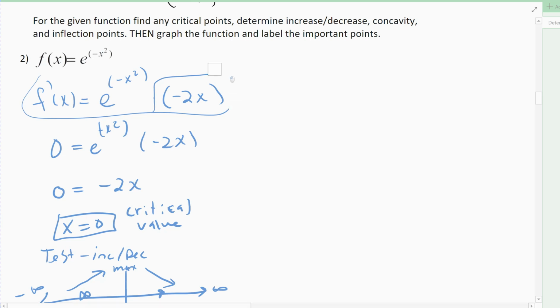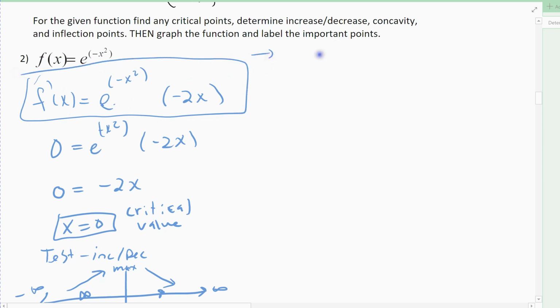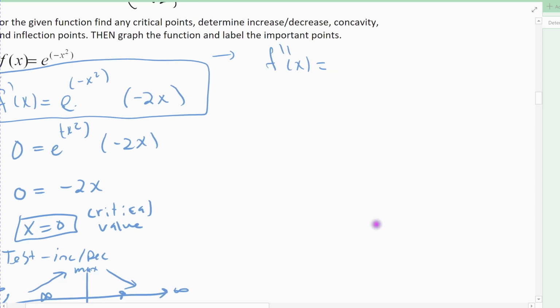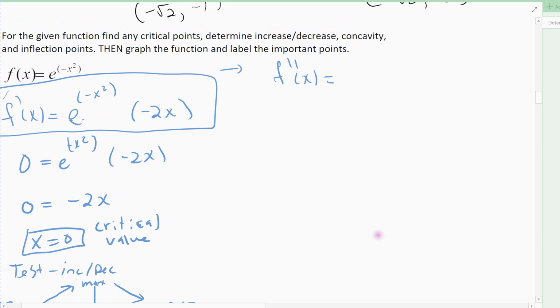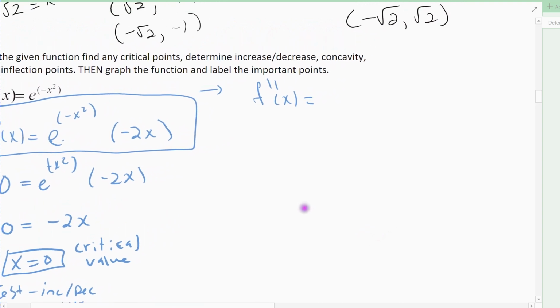Now the second derivative. I'm going to undo what I had highlighted there, because I have to use my first derivative to find my second derivative. My second derivative is a little harder. I have to use the product rule and the chain rule again, because I've got e times the negative 2x. The first function is the e term, and the negative 2x is the second function.